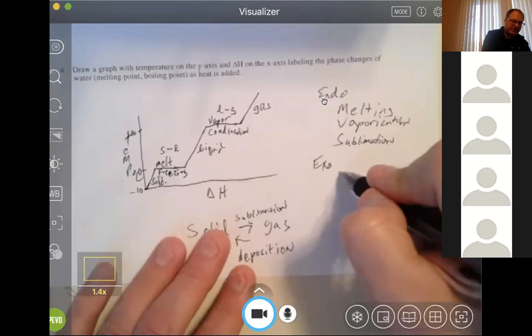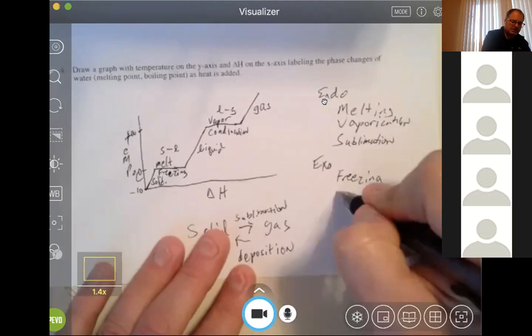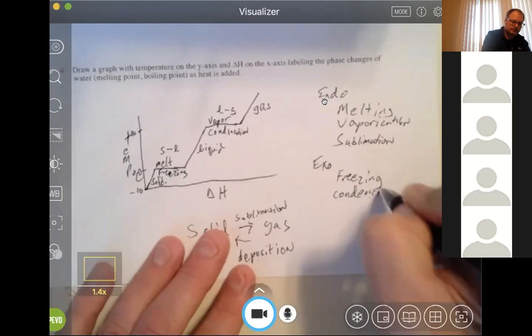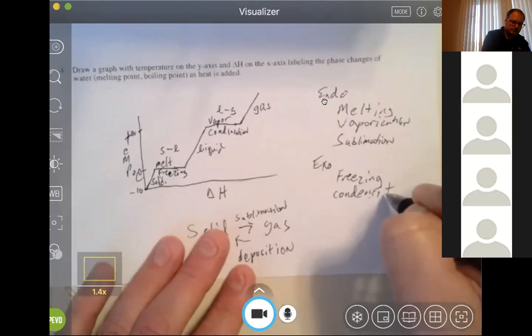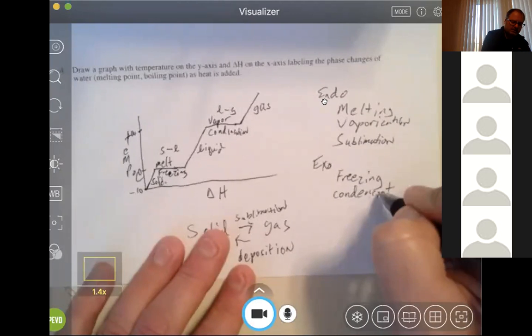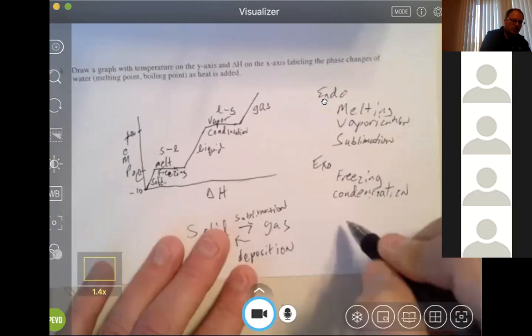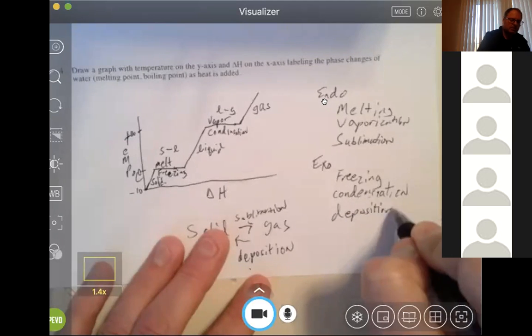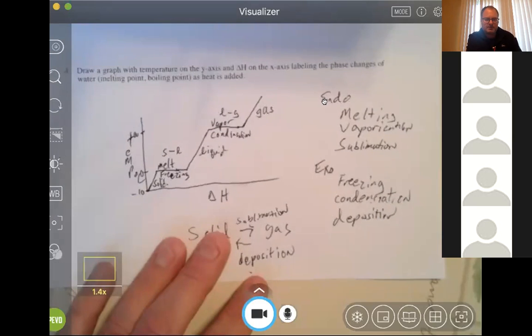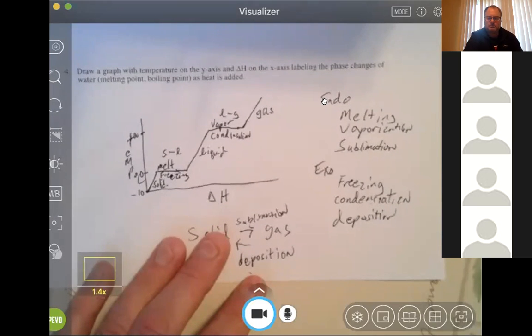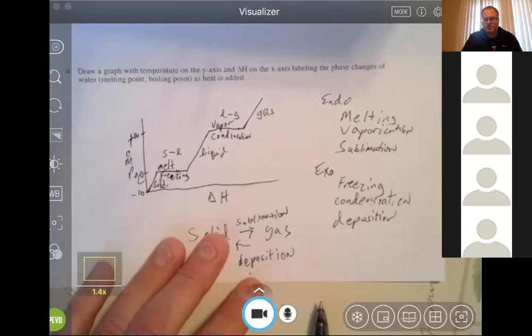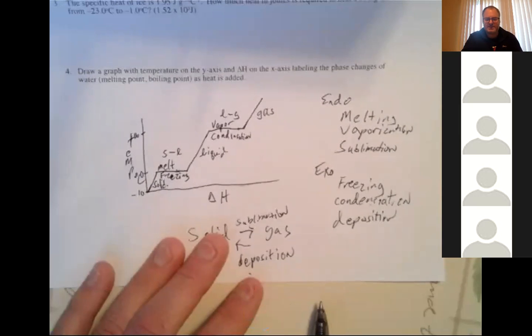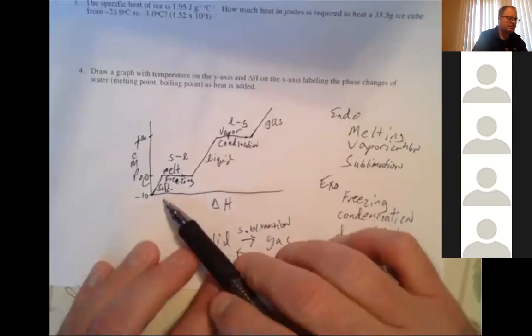So if something is freezing, condensing, condensation, or depositing or deposition, those are exothermic. They're losing energy. So that's a pretty good review of whether it's endothermic or exothermic, as well as our changes in state.